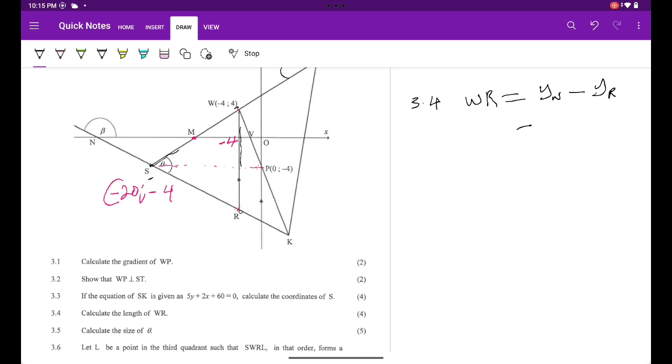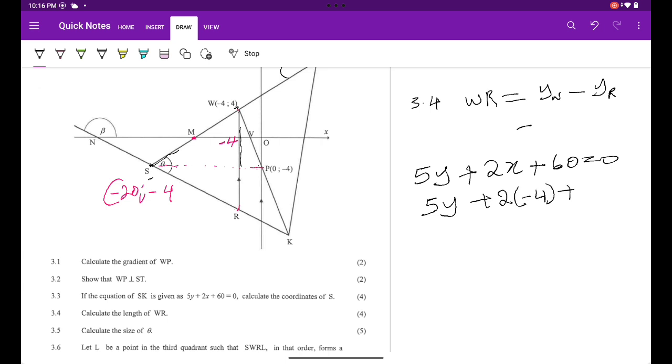Now we're going to substitute this negative 4 on the equation that we have, the equation of SK. We were given in 3.3 that the equation of SK is 5y plus 2x plus 60 equals 0. So we know the X value, which is negative 4. So we will have 5y plus 2 times a negative 4, then plus 60 is 0.